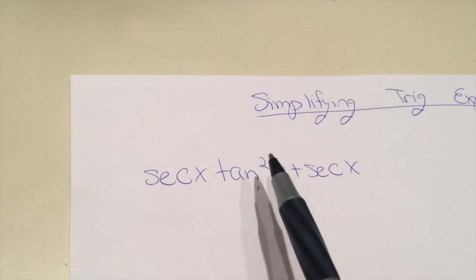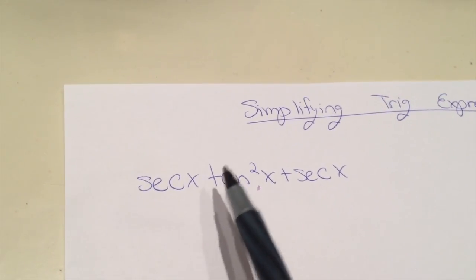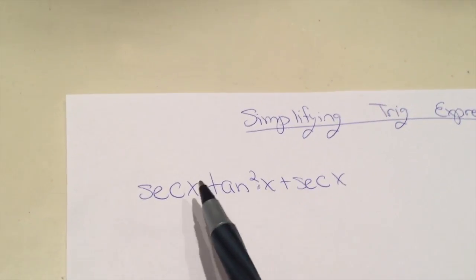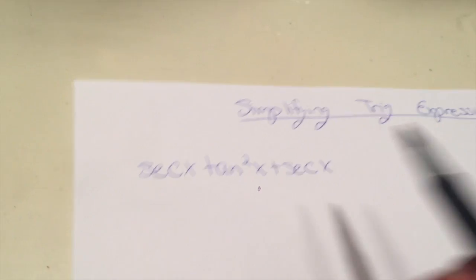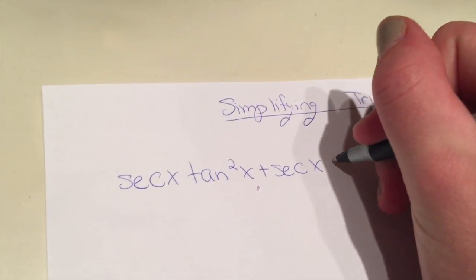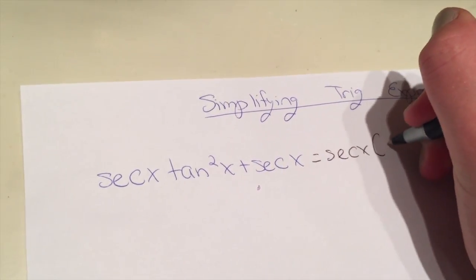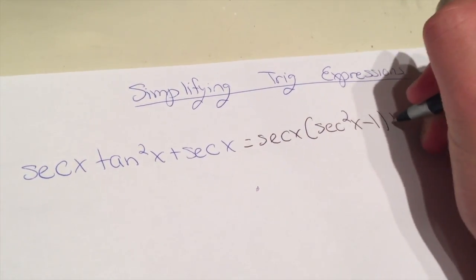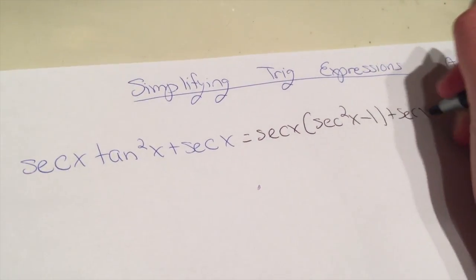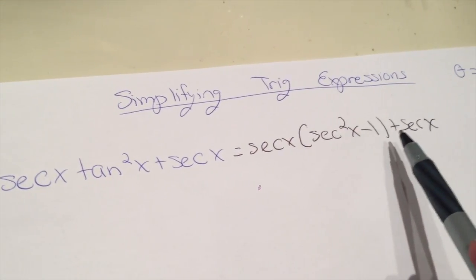Secant x tan squared x plus secant x. Now first we're going to work with tan squared x and change that into secant squared x minus 1 by the use of the Pythagorean identity. All right, so let's write that down. And we are left with secant x times secant squared x minus 1, plus secant x.